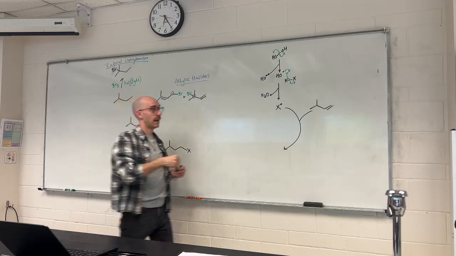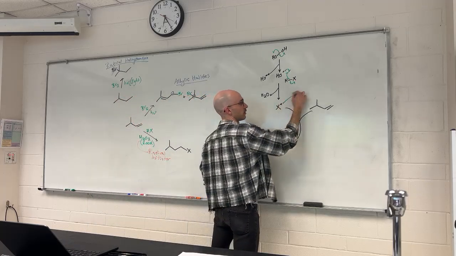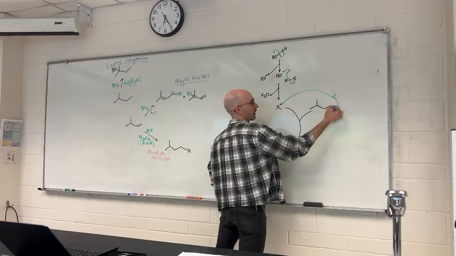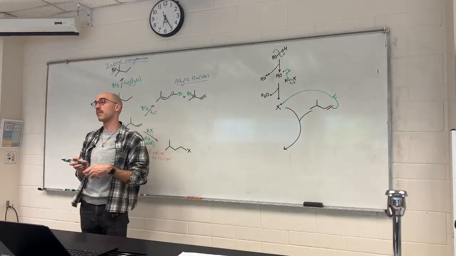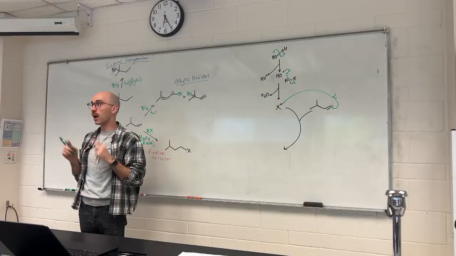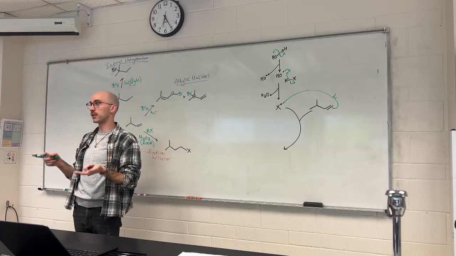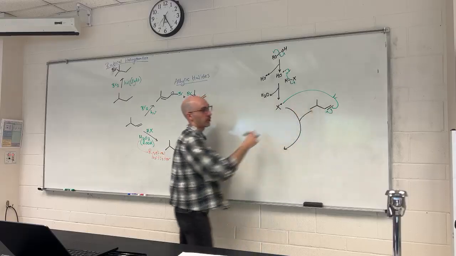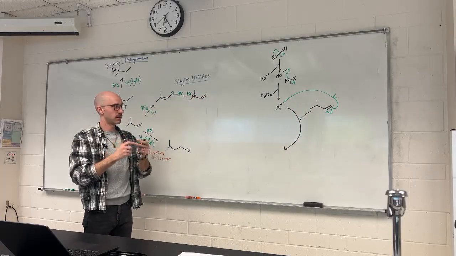The halogen radical reacts with the carbon pi bond to form a bond. And it will form a carbon radical on the most substituted carbon. That means the carbon with more carbon attached.